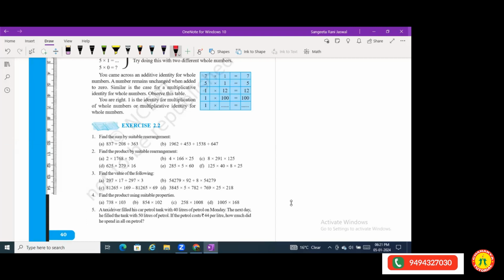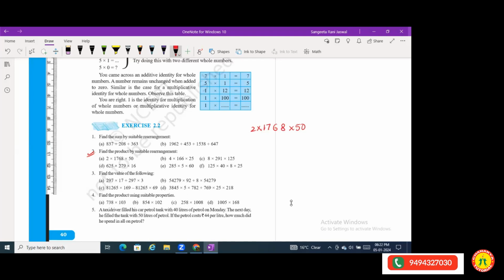Okay, now see, suppose I take this example. See here, this one. I'm taking question number 2 first because that's related to that example. 2 into 1768 multiply 50. Now, if I multiply 2 with this number, I know that my units place will not give me 0. 2 8s are 16, so my units place will have 6.